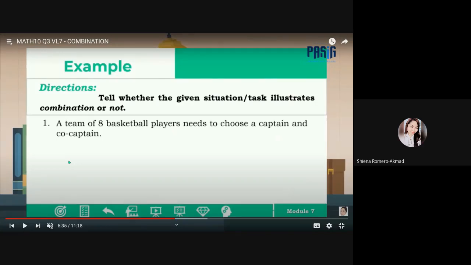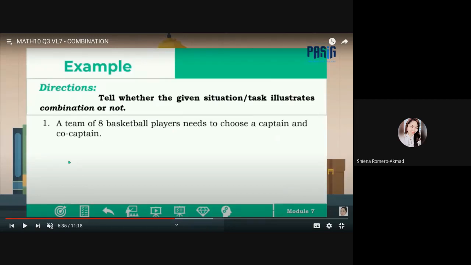Is it the same if naging captain si Abad at naging co-captain si Alberto? Pareho lang ba yon, or different? Different po. So, kung importante yung posisyon, importante yung choices natin for each position, ibig sabihin, the order matters. Kung order matters, ibig sabihin, this is not combination.